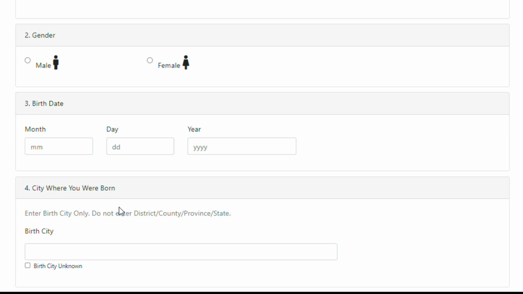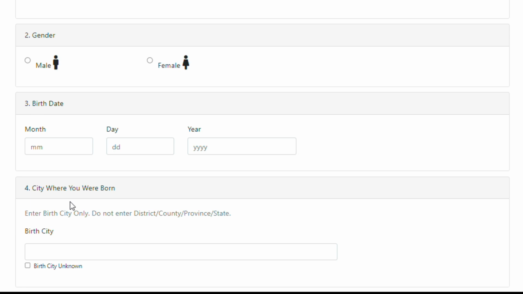So what you should know is that the city where you were born, as indicated here, simply means that place that is indicated on your birth certificate as your place of birth, regardless of whether it is a city or not.